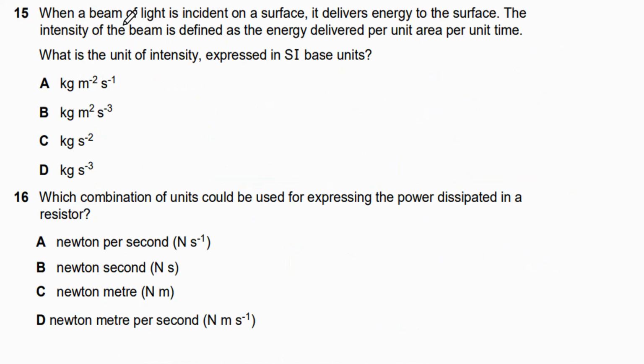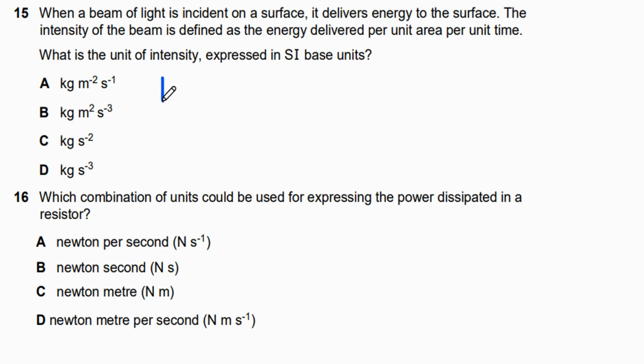In number 15 it says, when a beam of light is incident on a surface, it delivers energy to the surface. The intensity of the beam is defined as the energy delivered per unit area per unit time. What is the unit of intensity expressed in SI base units? So we start with the definition of intensity given here.